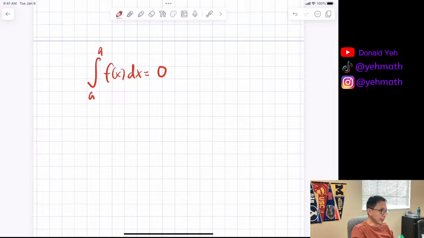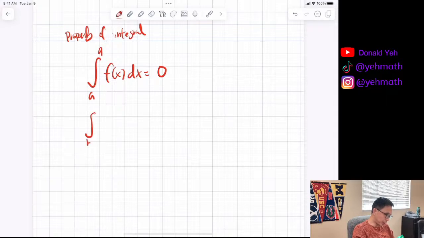The boundaries are interchangeable. So this is a property of the integral. They're very easy properties, but very easy to confuse. So let's talk about the interchangeable property. Let's say b to a of f of x dx. And I don't like b to a.